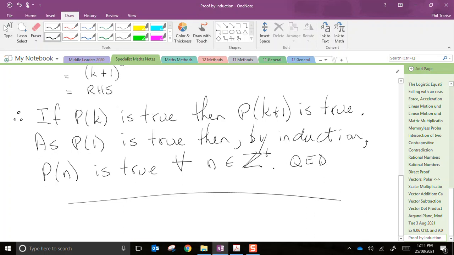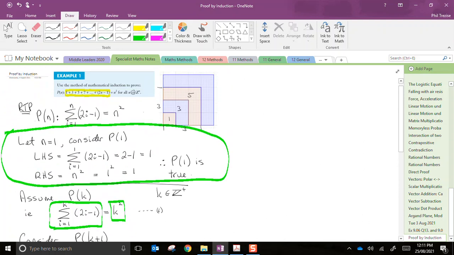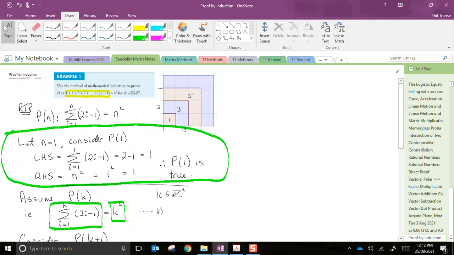Proof by mathematical induction is a very important topic in mathematics, and it takes quite a while to get accustomed to the logic behind the proof. But the proofs all have the same pattern. They will have a proposition, there will be a base case, usually when n equals 1.